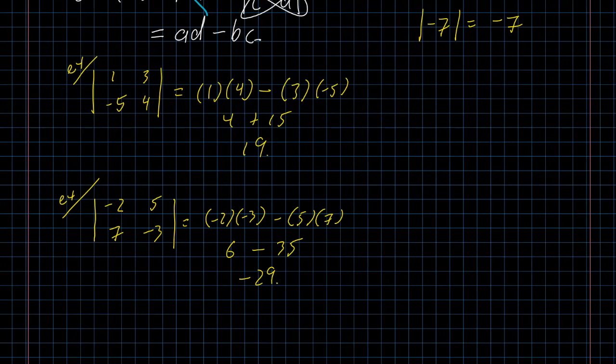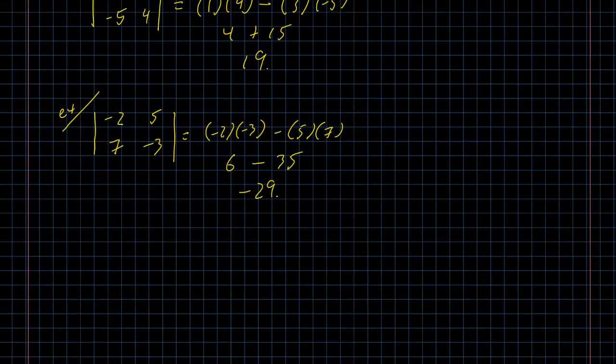Taking the determinant of a 2-by-2 matrix is fairly straightforward. When it comes to taking the determinant of a larger matrix, we use a process known as cofactor expansion.